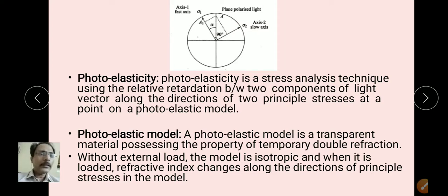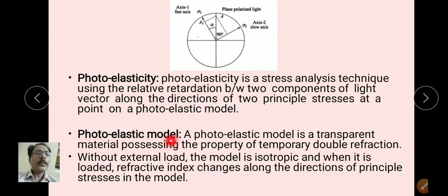Because the speed changes, a retardation occurs, and that retardation is considered for the analysis. By that we determine the stress value of the model. That is how we do the photoelastic study.